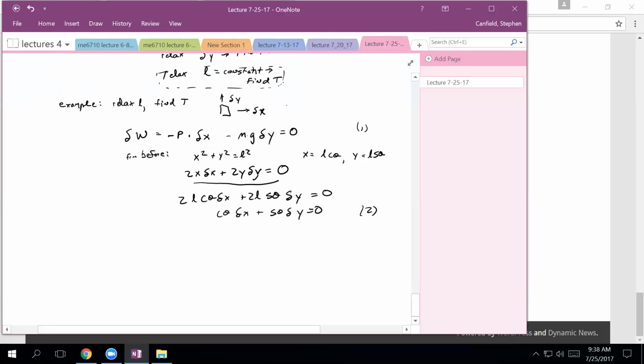But now we've chosen a case where these terms are not independent. They depend on this constraint that I have right here. So I have 2 terms, and it's my x and y that are not independent. So I can't write these independently.